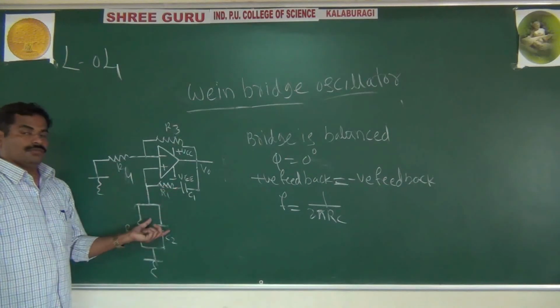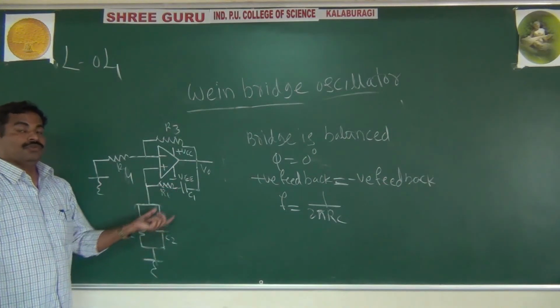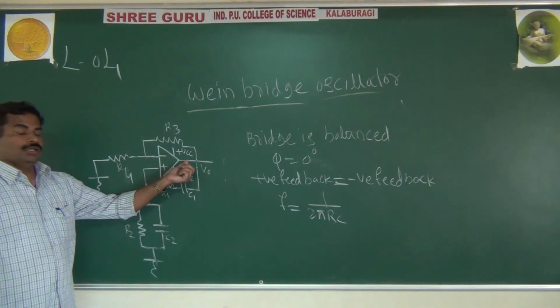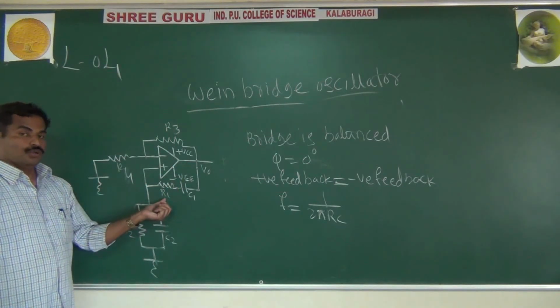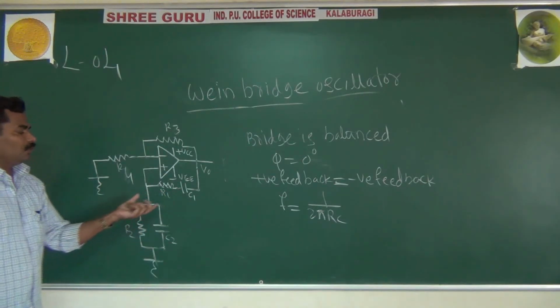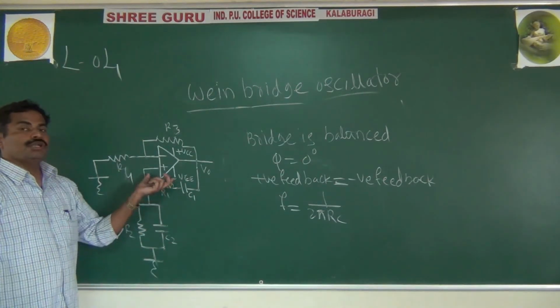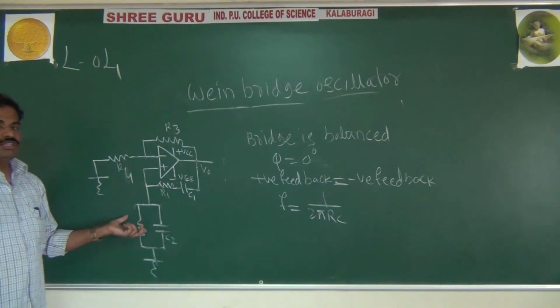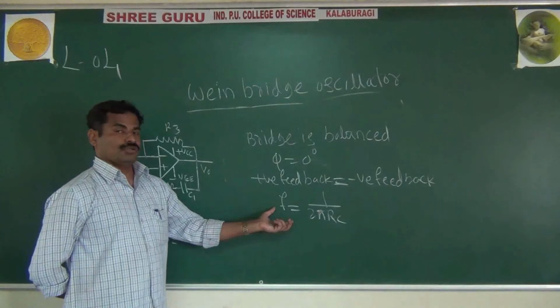It selects only a particular frequency and allows it, and the remaining frequencies are rejected. At that particular frequency you have 0 degree phase shift, and if the bridge is balanced, you will get the sustained oscillation.